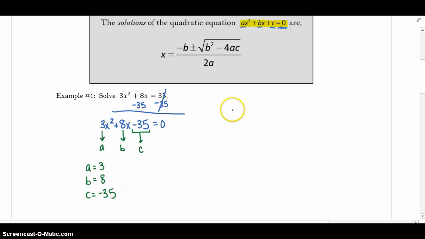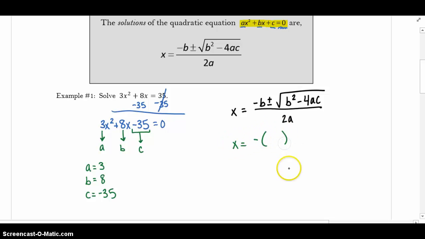So I'm going to rewrite the quadratic formula, even though I know it's right up there, because sometimes writing things a lot helps you remember them. I would encourage you to do the same. Negative b plus or minus square root of b squared minus 4ac, all divided by 2a. Right? And then I'm going to take the a, b, and c values that I found and substitute them in. So we've got x equals negative.